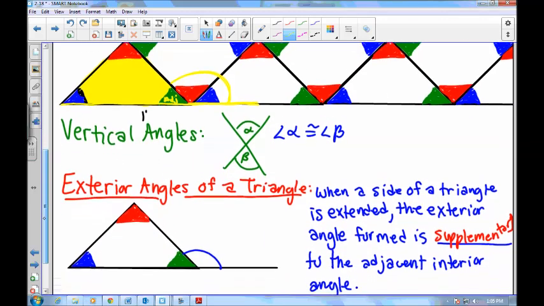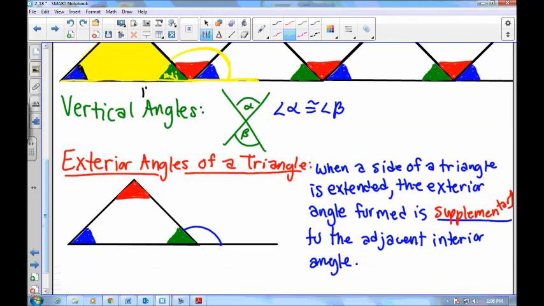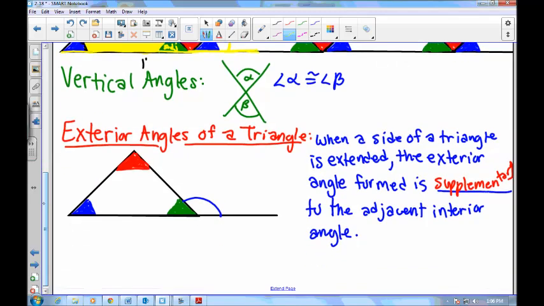Supplementary, yes. They add up to 180 degrees. Okay, so the adjacent angle plus the exterior angle is supplementary, and we can see that right here too, because they are linear. It forms a linear pair. Now, I believe that's where we ended, so we didn't get to talk about these 2 angles. They have a name. Okay, so time to pick up your pencil and add to the notes.